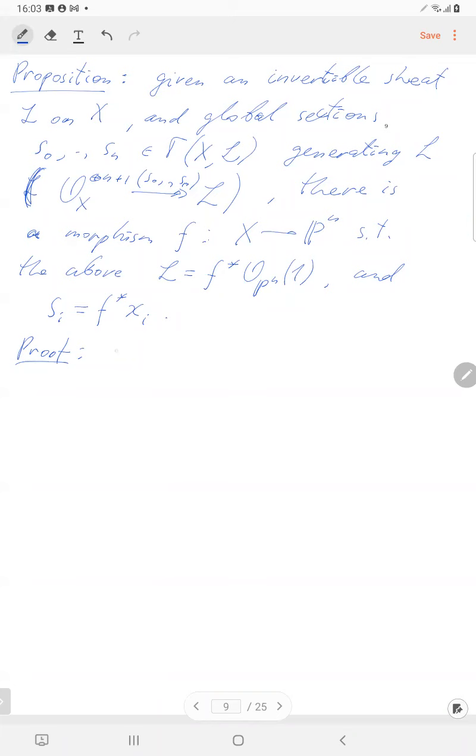Namely, we set D_i to be the basic open subspace, the ones where the sections do not vanish, such that S_i(x) is not 0. These are open.